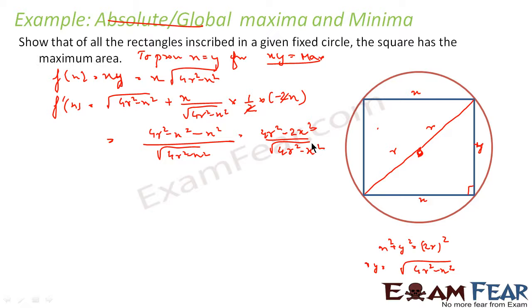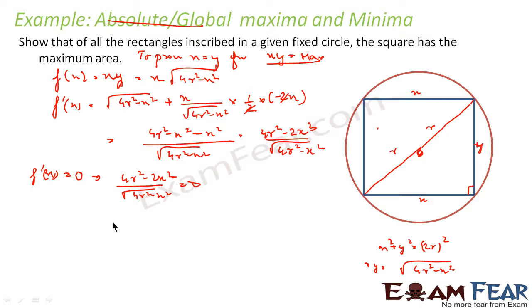This is the value of f dash x. Now for this to be maximum, f dash x has to be 0, so 4r square minus 2x square by root of this has to be 0.